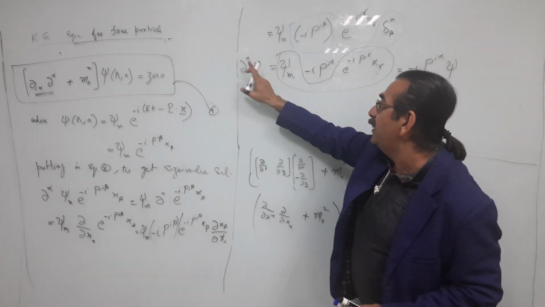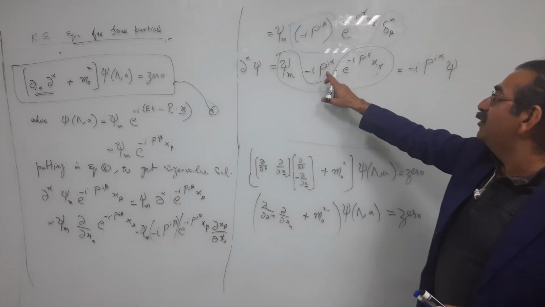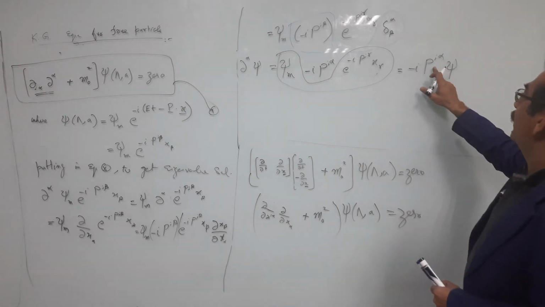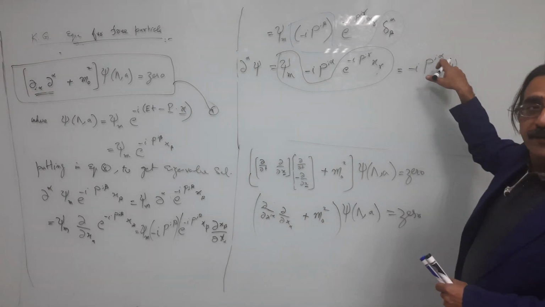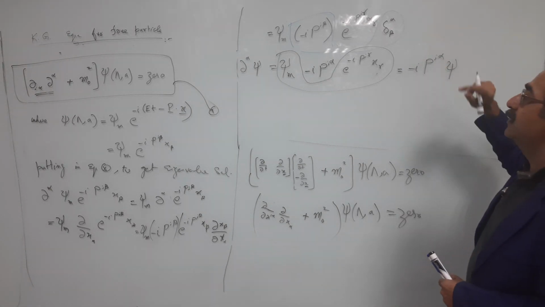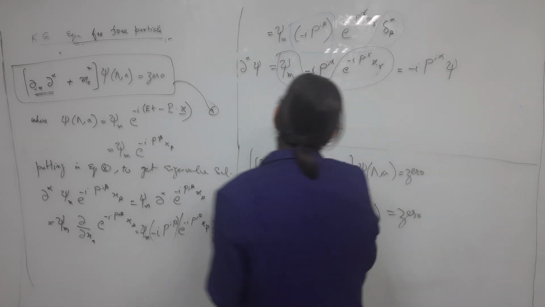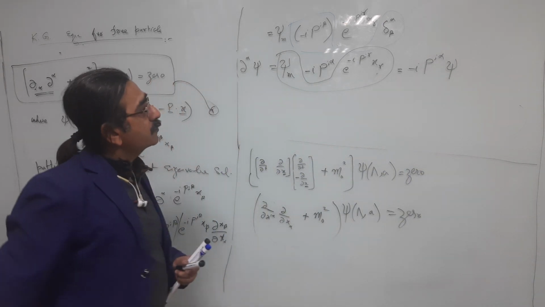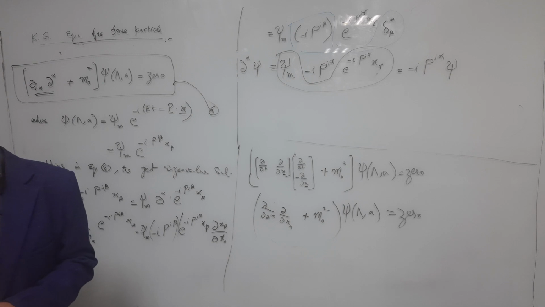When we apply contravariant, it will give you minus i p in contravariant form, and this will be equal to this.